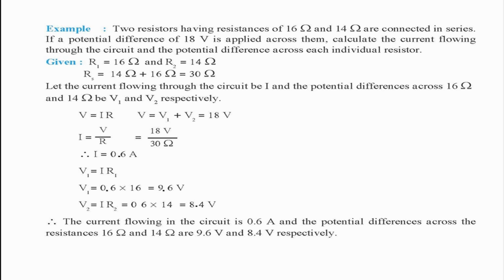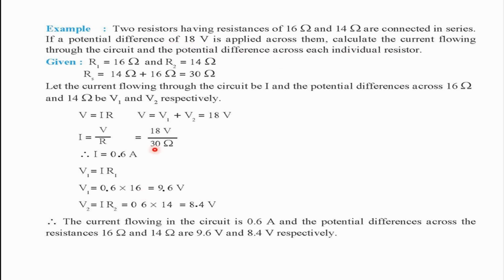Using Ohm's law, the total potential will be V1 plus V2, that is 18 volt, which is already given. We have to find out the potential difference across individual resistors.